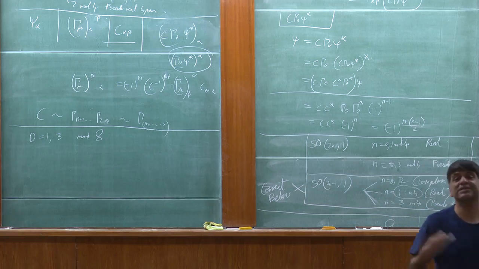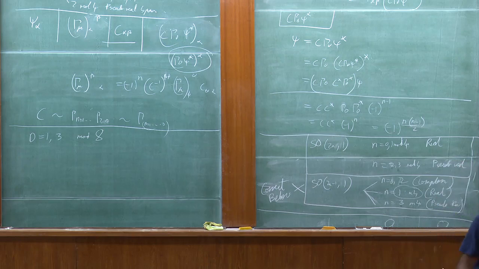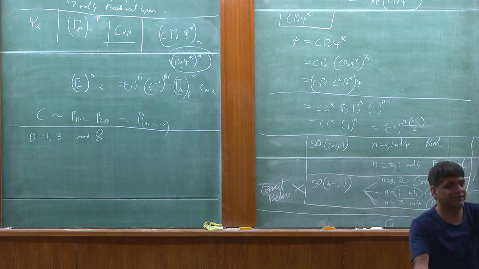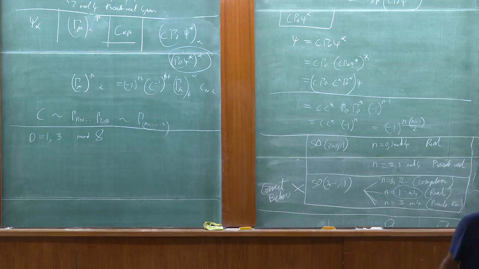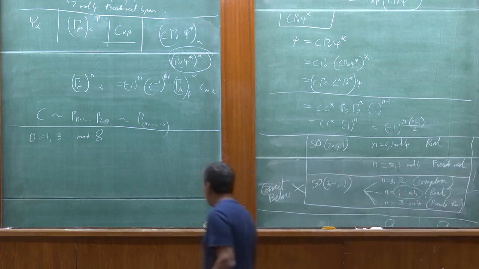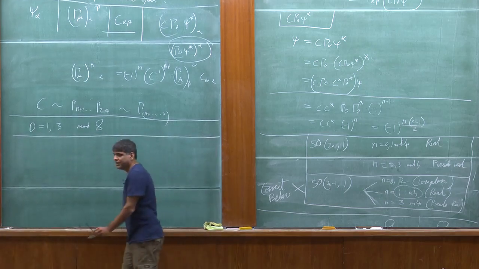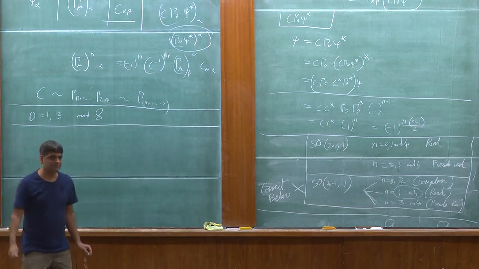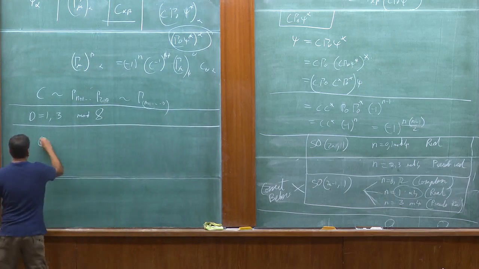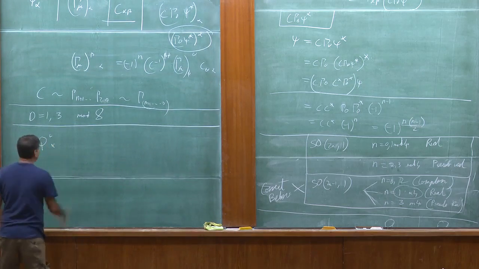So you lose nothing by choosing real spinors, but you can gain something because you can use one real spinor rather than an even number. So our spinors are going to be real spinors, and let's say that we have many of them. So our spinors take the form Q_i^alpha.